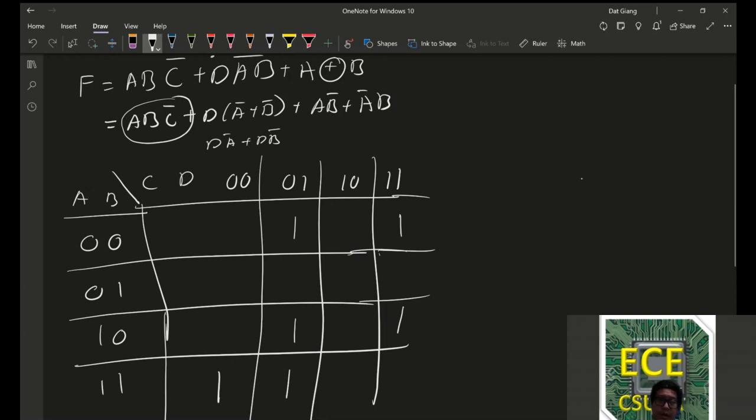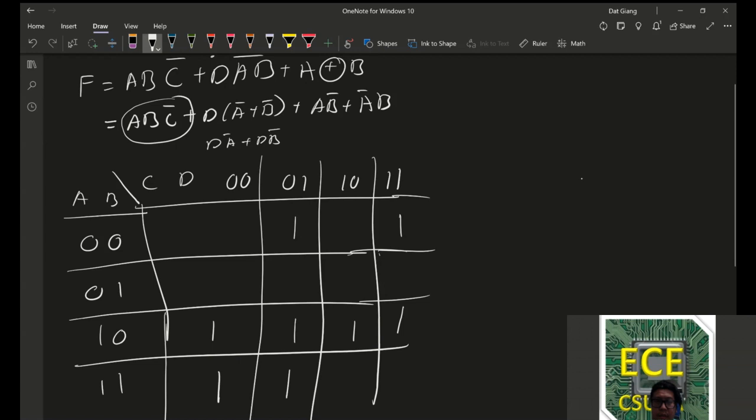Okay, so now what about this part? A B bar. Anytime A is true and B is false, then there is a 1. So we're able to find that there. Now, is there any other specific situation? This one right here: what about A bar B?